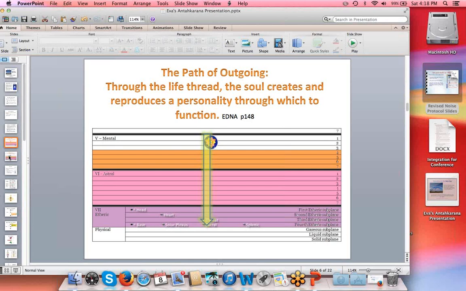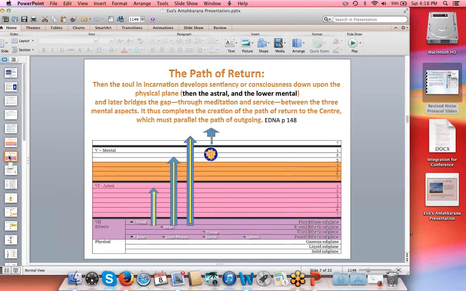And then the soul in incarnation starts to develop sentiency or consciousness upon the physical plane. And how does it do that? Well, it does it through the etheric first, then through the astral, or what we call the emotional body, and then later through the lower mental mind.